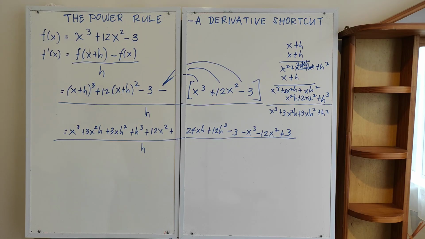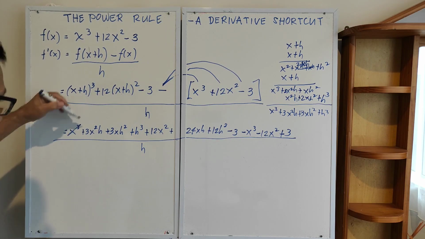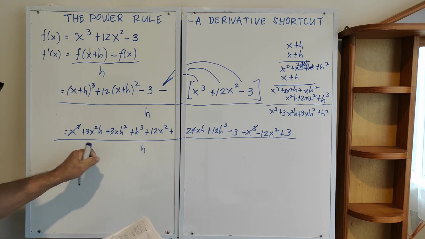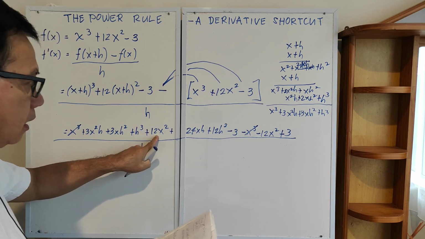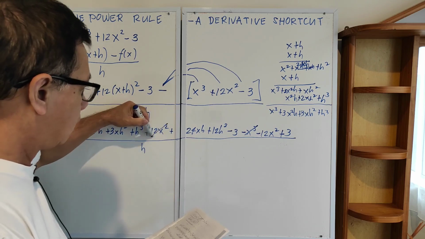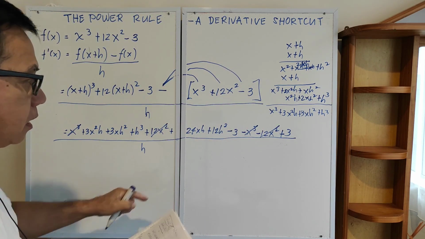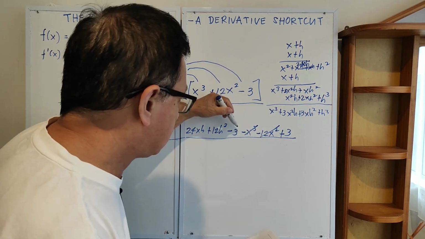Now we can cancel out x cubed and negative x cubed, 12x squared and negative 12x squared, and negative 3 and plus 3.